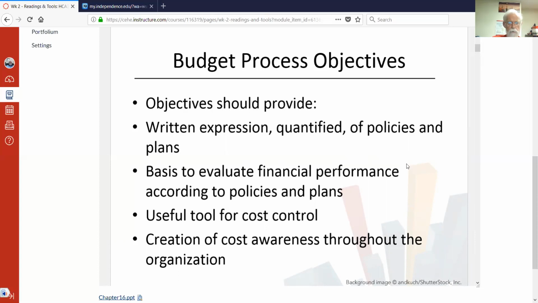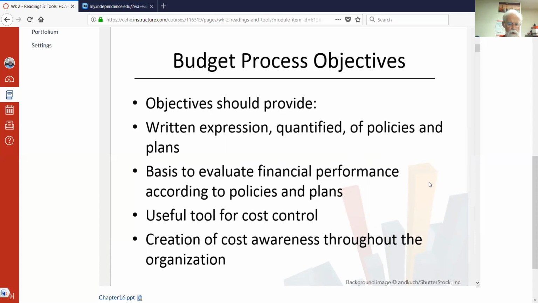But basically, a budget is a quantified statement of the plan of operation of the organization. Budgets are useful for cost control.